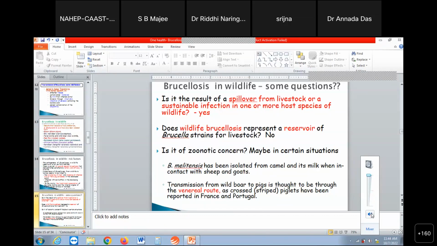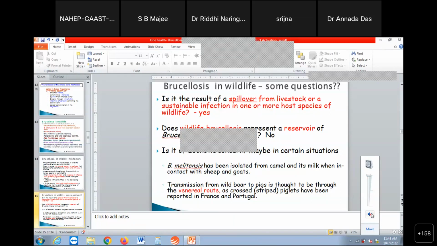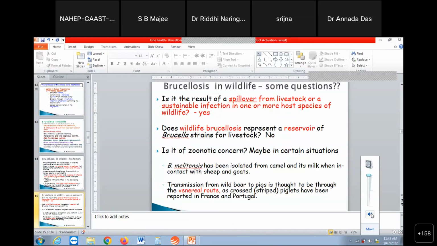Now, the next is the transmission from wild boar to pigs by venereal route. This has been shown by the presence of striped piglets, which are reported in France and Portugal. That means the wild boars which cross the forest area and come into the domesticated areas may reproduce through the venereal route.